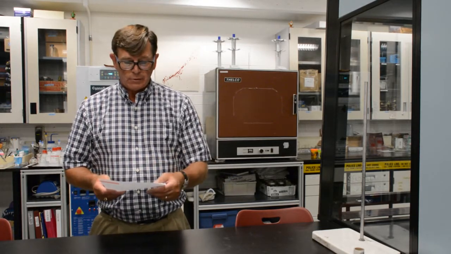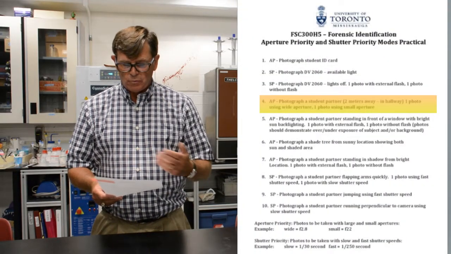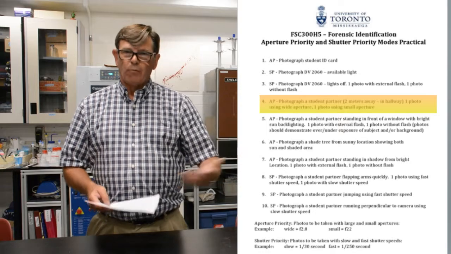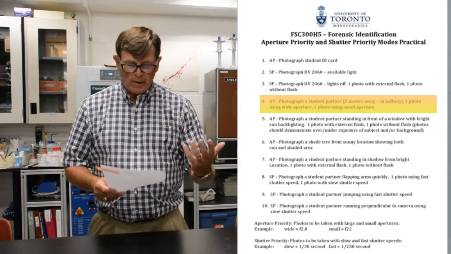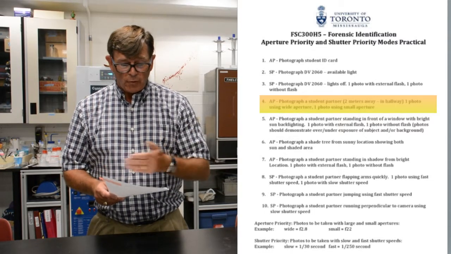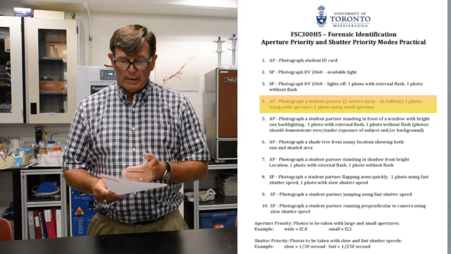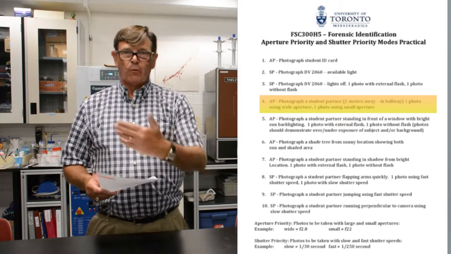So carrying on now with our assignment. Number 4 is aperture priority, photograph a student partner. So obviously remotely, a family member or someone that's within your bubble, and photograph that person 2 meters away in some type of an area where you can create distance.